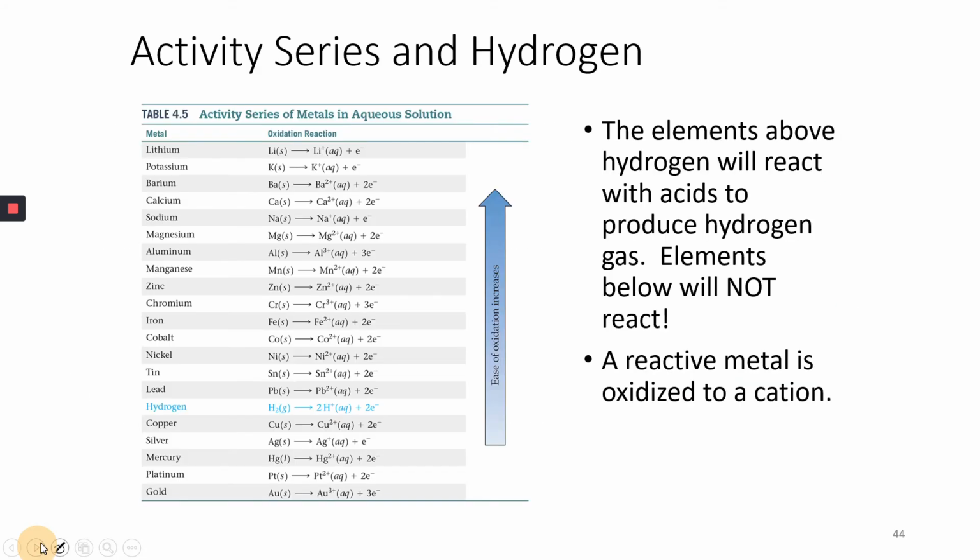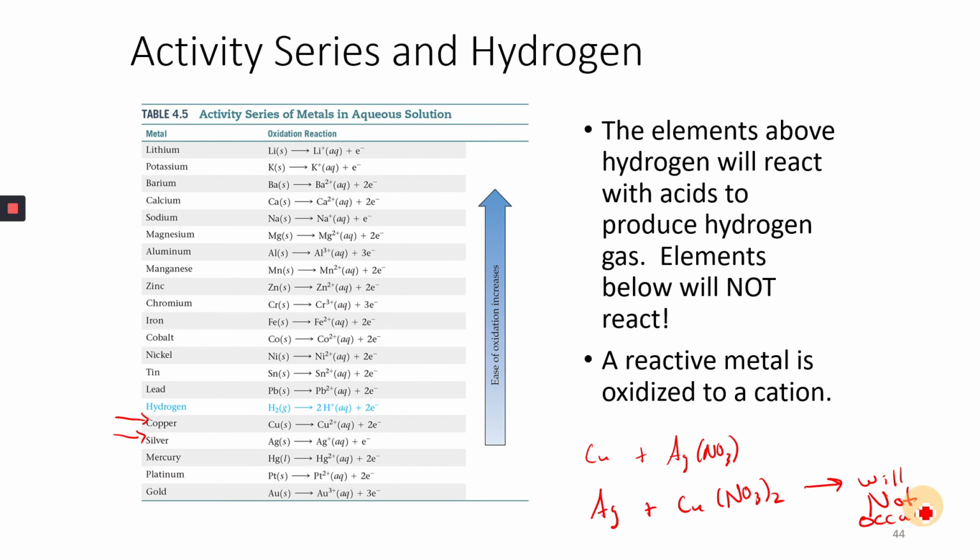So let's look at the activity series, and we were doing copper and silver. Copper was our single, so our reaction was copper plus silver nitrate. So you see copper is higher than silver, so the reaction will occur. The reverse will not occur.